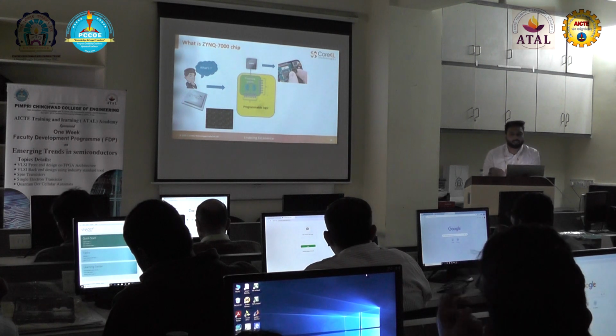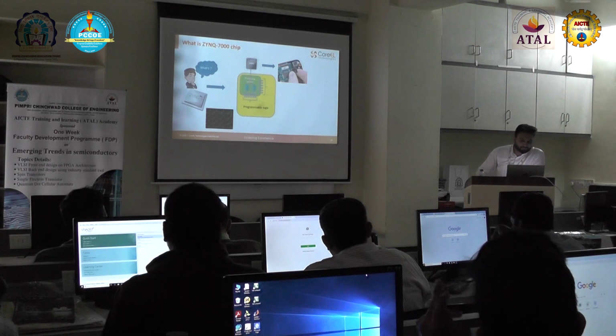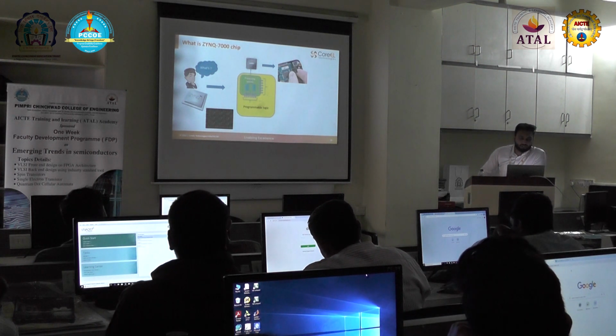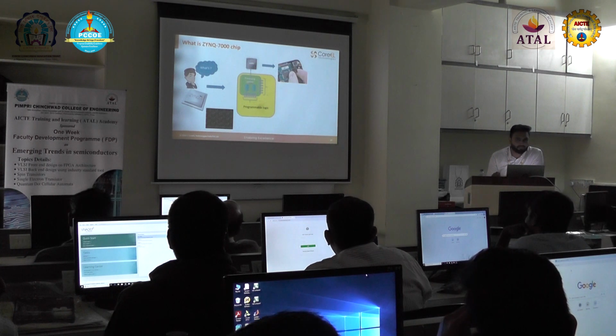You have multiple processors, like 3 to 4 processors. Those are APU, GPU, RPU and VCU, meaning application processing unit, real-time processing unit, graphical processing unit, video coding unit.